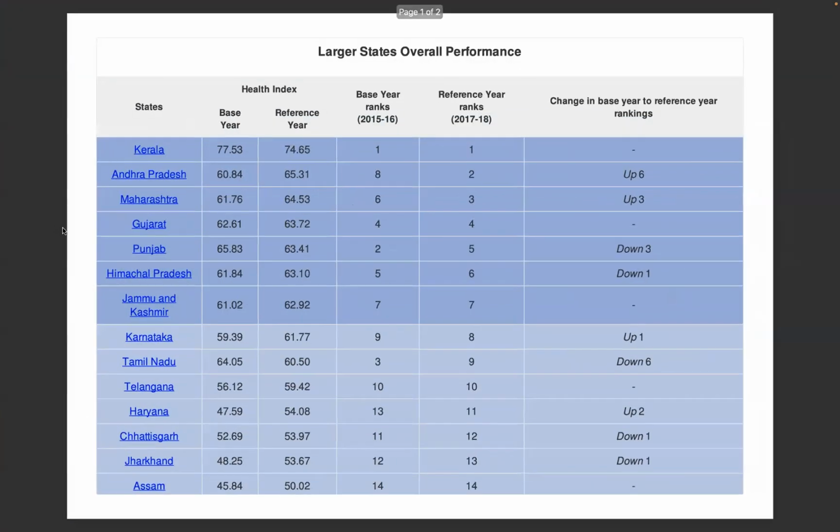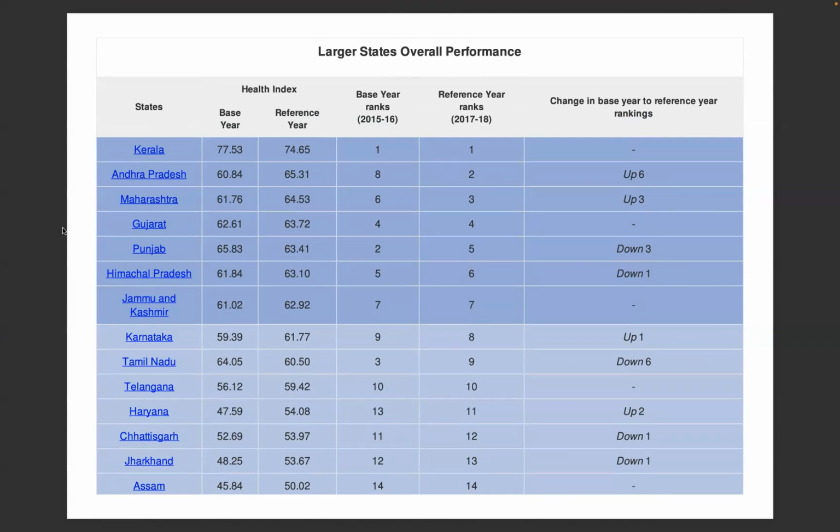I'm just giving you a reference year here, that is 2017-18, base year 2015-16, and the ranking. If you see the change from base year to reference year ranking, Kerala remains on top, but Andhra Pradesh goes up 6, it was 8 and moves to rank second.